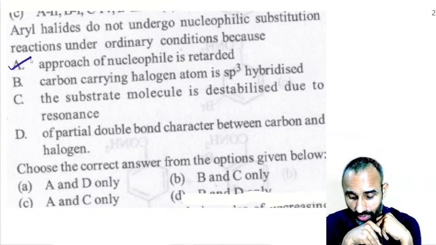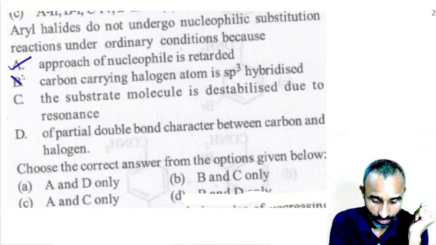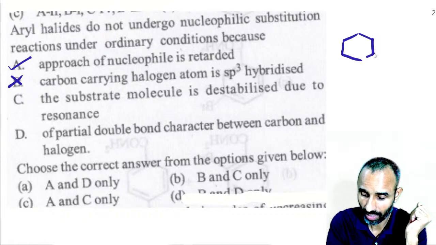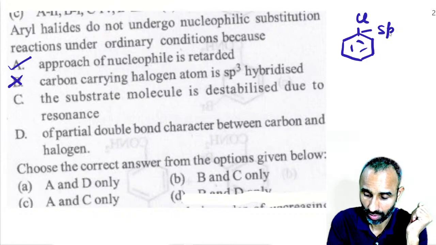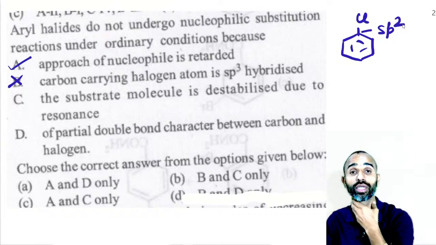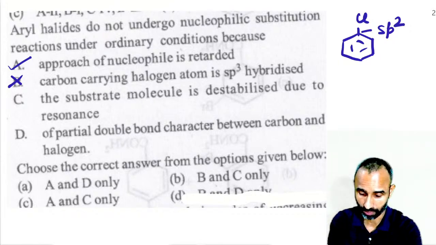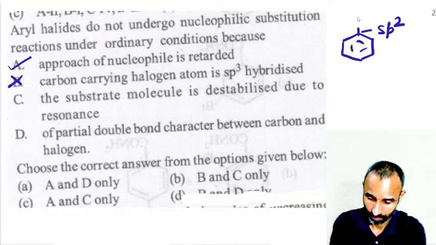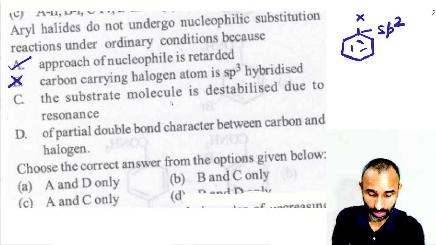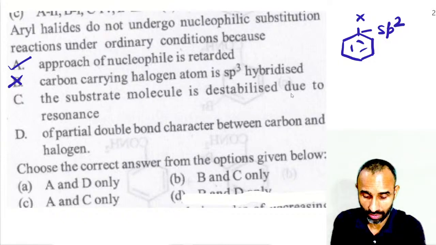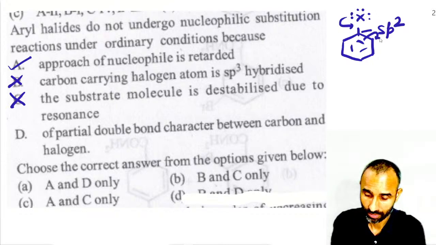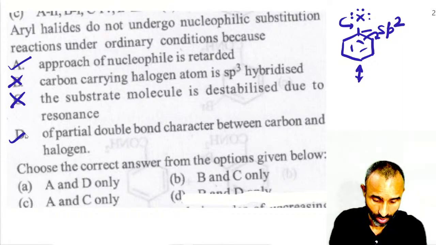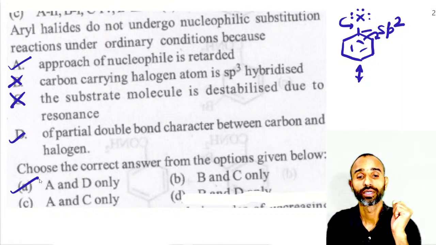Carbon carrying halogen is sp3 hybridized, wrong, because in aryl halides the carbon halogen bond is attached to an sp2 hybridized carbon. Yes, sir. Option A should be correct, sir. Substrate molecule is destabilized, and there is partial double bond character due to resonance. So A and D, the A option is correct.